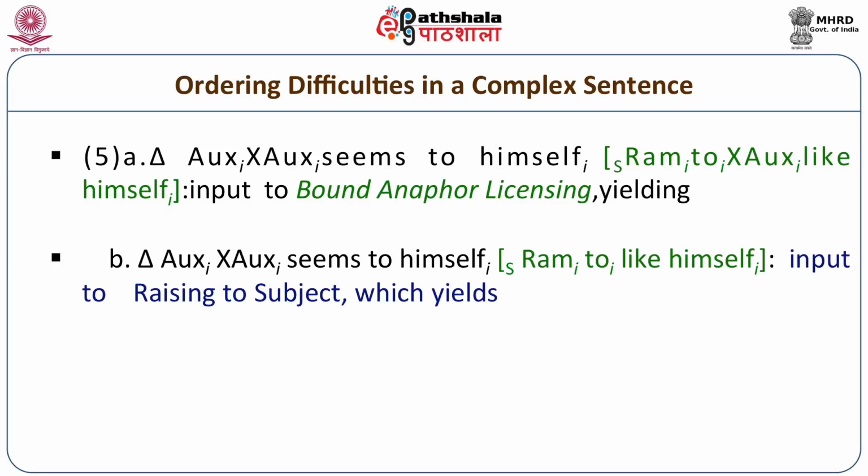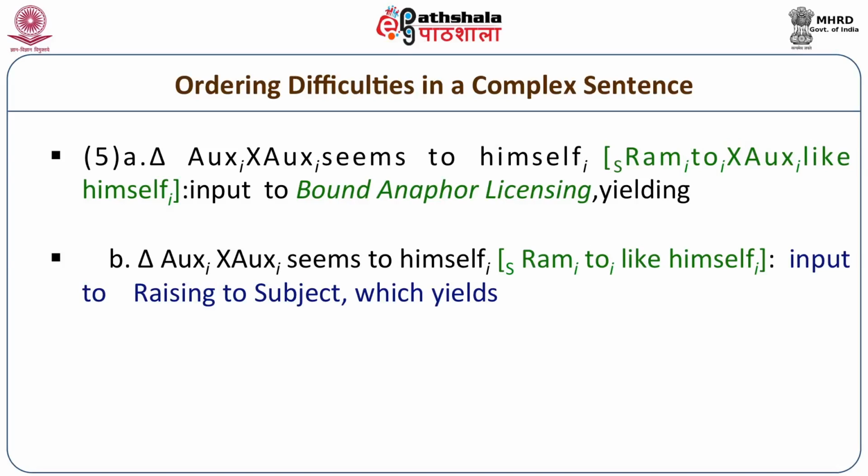Consider a sentence like, "Ram seems to himself to like himself." The deep structure for that looks very outlandish if you're not used to generative syntax. The deep structure is: delta aux X aux seems to himself, open a sentence boundary, Ram to X aux like himself.